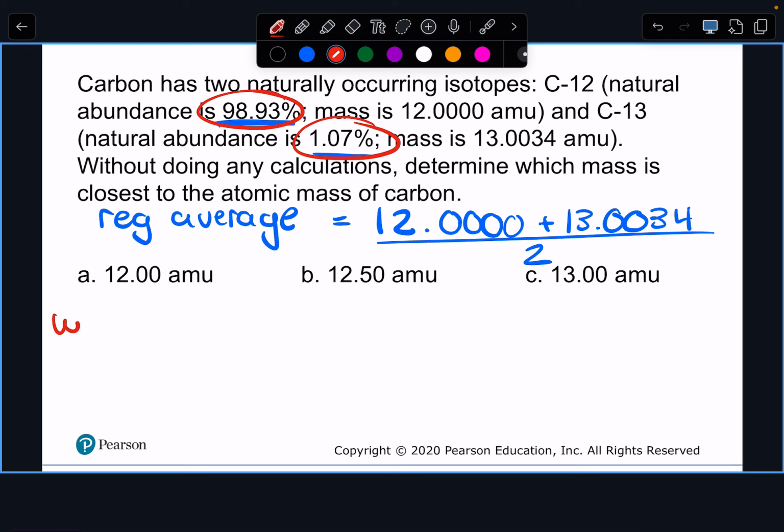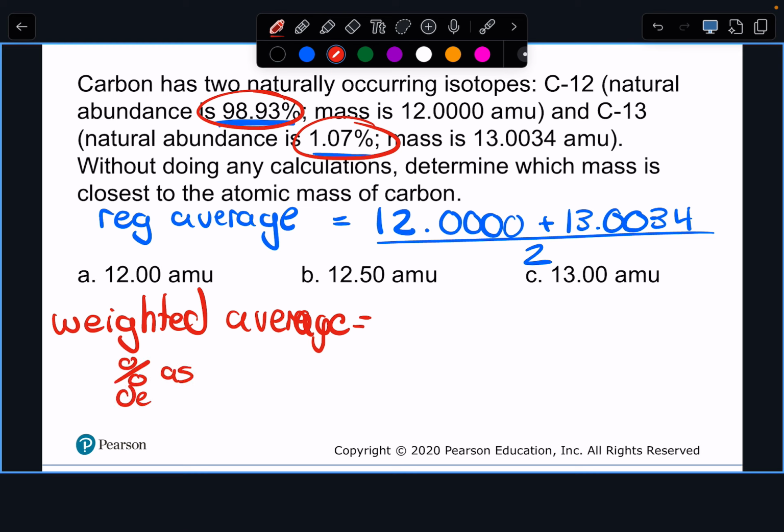So the way that you do a weighted average is you take the percent in decimal form, so I'll say percent as decimal, and you times that by the mass of isotope 1.